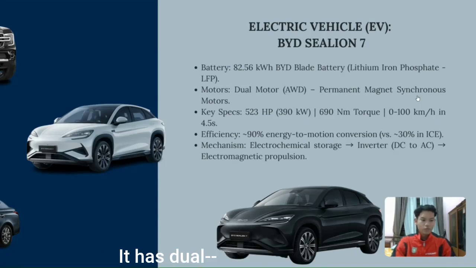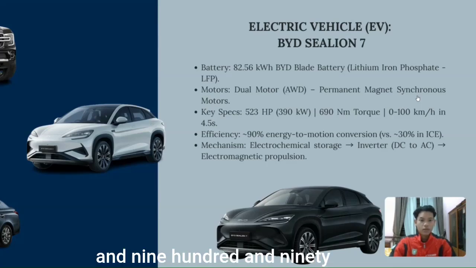It has dual electric motors, AWD, and produces about 523 horsepower and 990 Nm of torque, so it's very powerful. It can go from 0 to 100 km per hour in around 4.5 seconds, which is really fast.